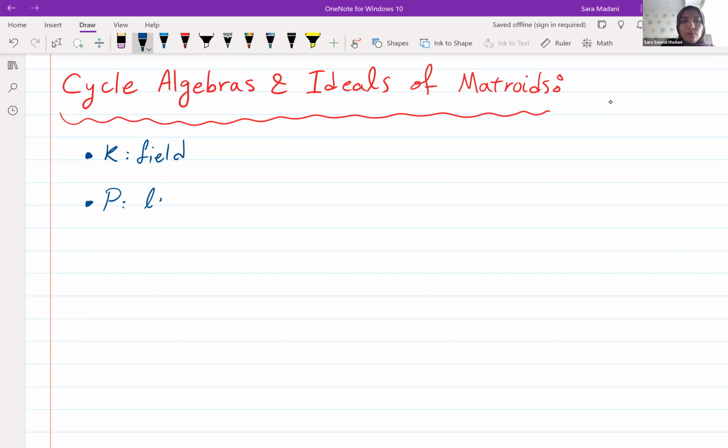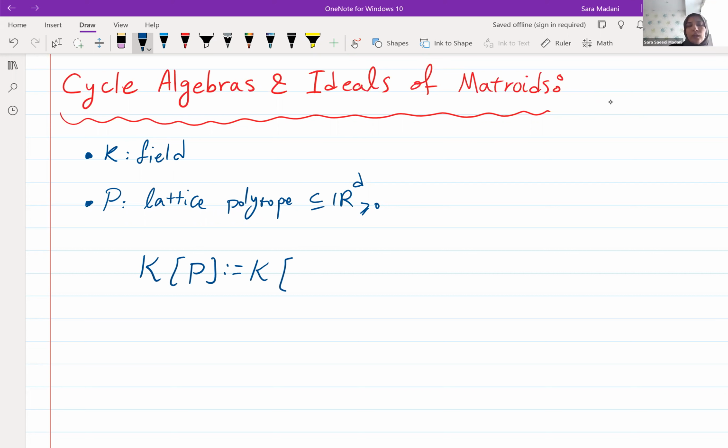So having any lattice polytope P inside R^d with non-negative coordinates, of course, we can associate an algebra denoted by K[P], which is defined to be a monomial algebra over K, generated with some monomials which are in correspondence with the lattice points of my polytope, namely y^a z, such that this a belongs to P, the lattice points of my polytope.